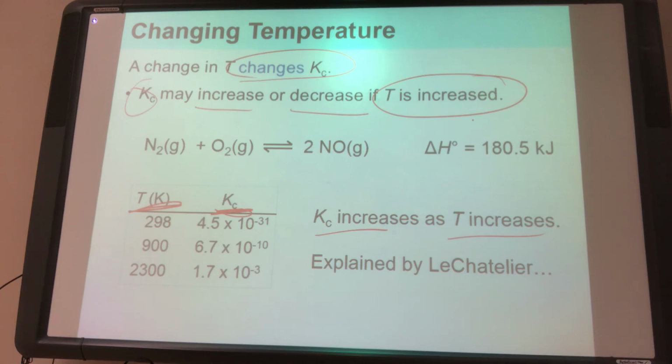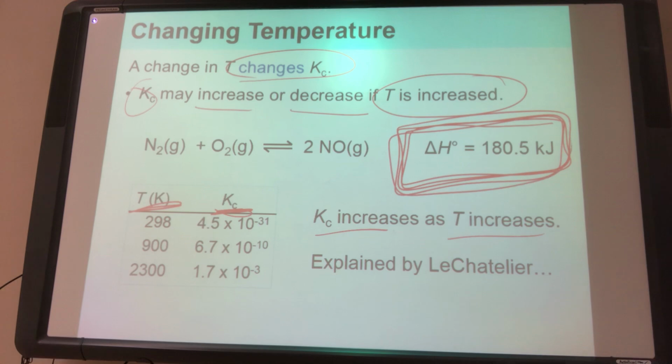What we have to look at is something specific for the reaction. We actually have to look to see, is the reaction endothermic or exothermic? Now, we have to look at the enthalpy. This tells me what's going to happen. It's a little bit more detailed than just saying, if temperature increases, K always does this or does this.